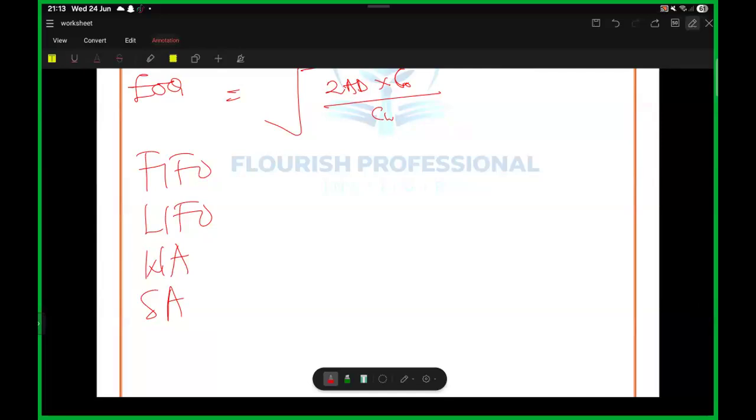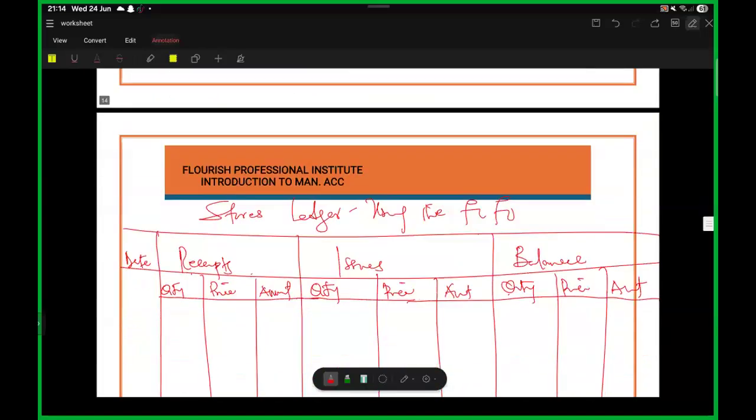Then we have the weighted average: the inventory comes in at different prices, so we consider the weight before we issue it. Then the simple average: you take the average of the 2 prices, then we can sell it. So this is what we are going to do.